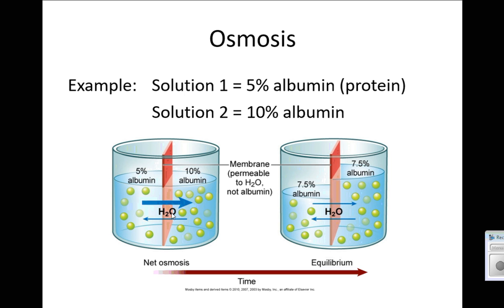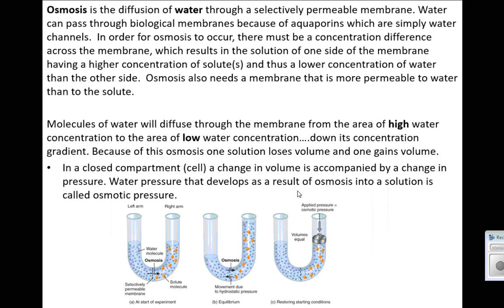There's more going this way than this way. So over time, what will happen is the volume of solution 1 will drop. The volume of solution 2 will go up, which helps to balance out the percentages for the albumin dissolved in it to achieve equilibrium.